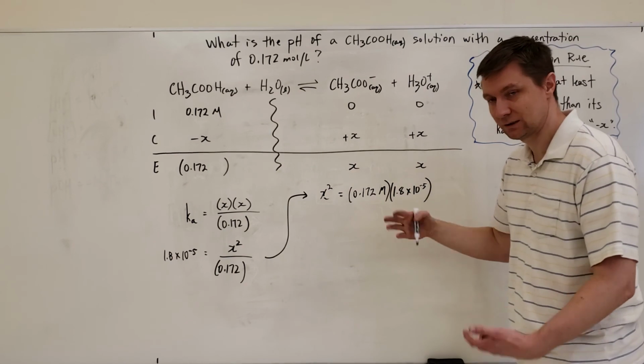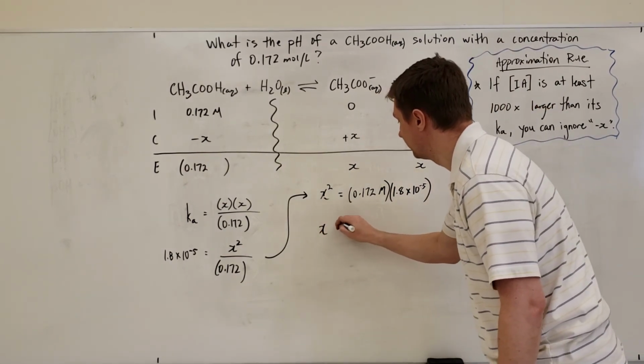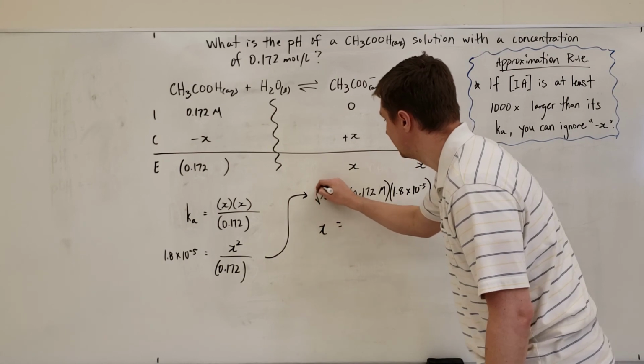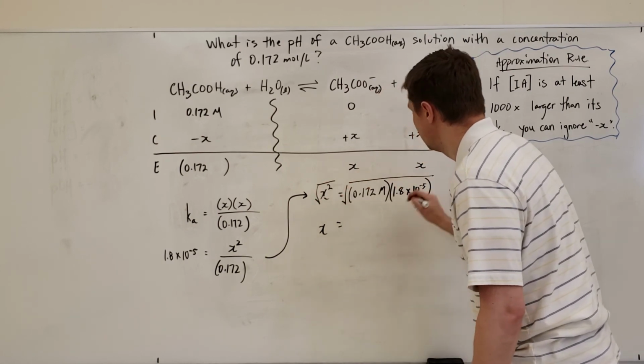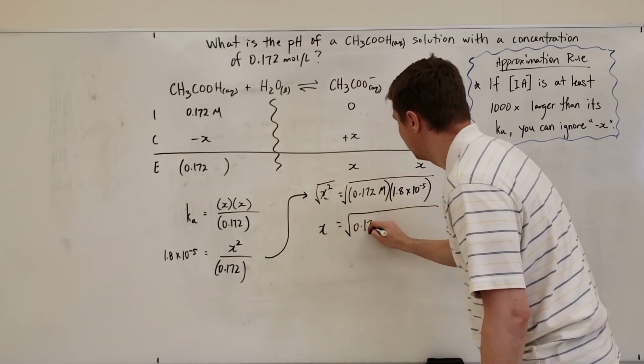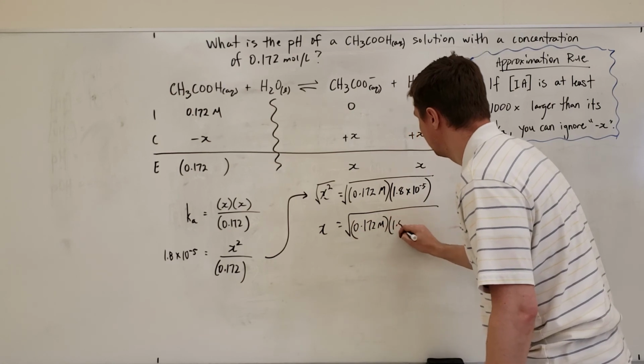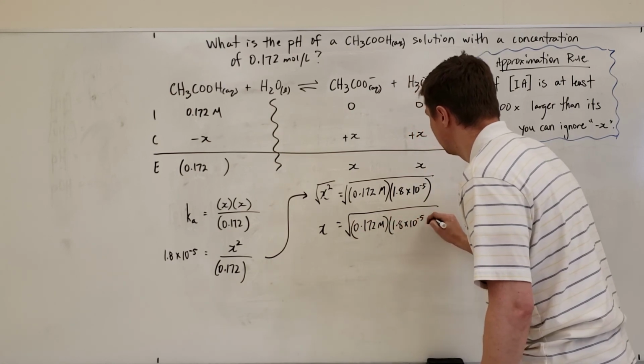Now to get x instead of x squared, because I want to solve for x, I just take the square root of both sides, so x is equal to the square root of 0.172 moles per liter times 1.8 times 10 to the negative 5.